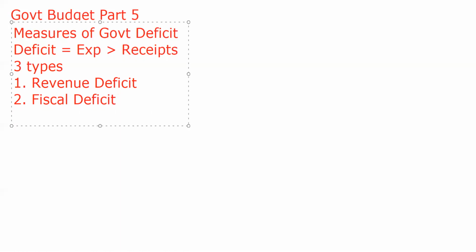Number three, primary deficit. We'll discuss all these three one by one. First of all, we'll discuss revenue deficit, then we'll go to the fiscal deficit, then finally we'll discuss the primary deficit. We'll discuss the meaning of the three, the implications, and the sources, how the government can cope up with all these deficits.